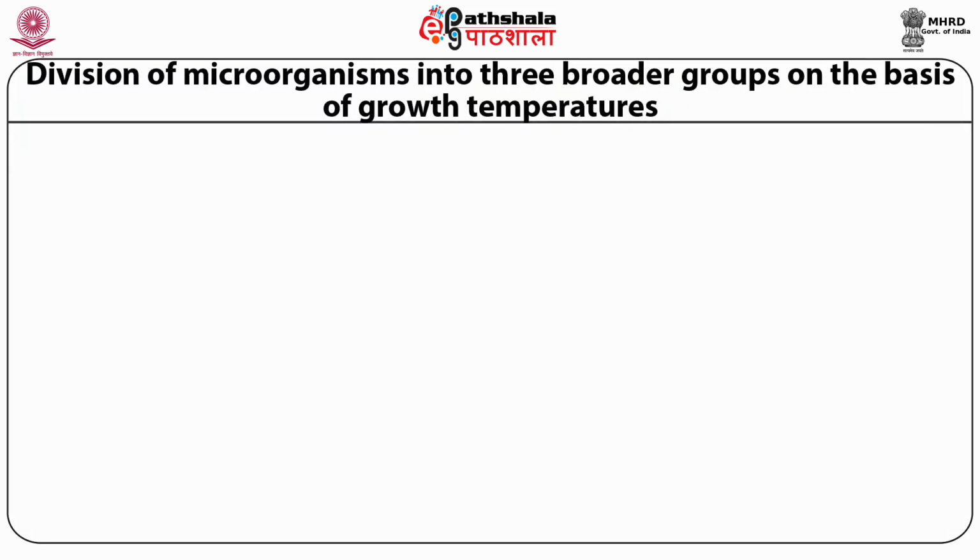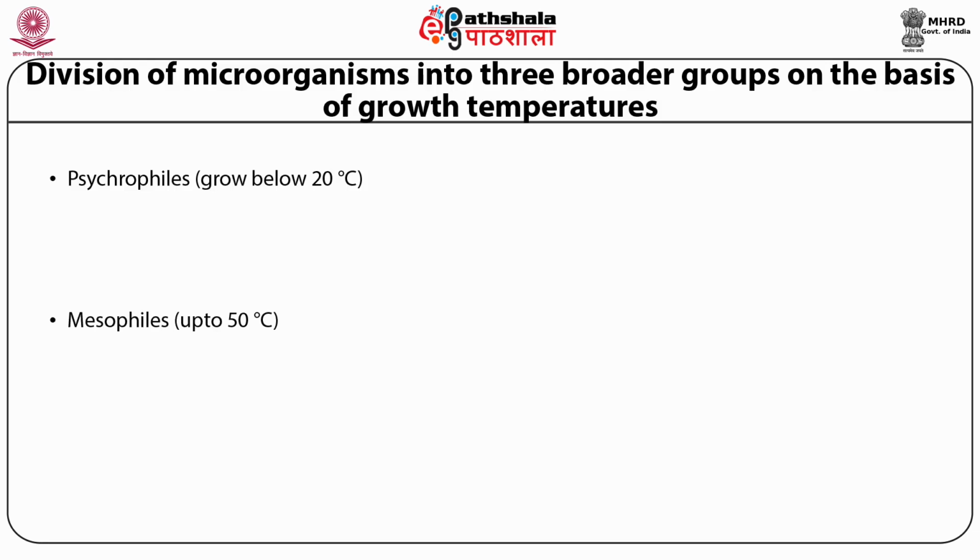Now, as we have come to understand what psychrophilic enzymes and thermophilic enzymes are, let us look at the division of microorganisms on the basis of their growth temperatures. Let us begin with the psychrophiles. The microorganisms which live below 20 degrees Celsius, and this temperature range might go to minus 20 or even minus 60, are called psychrophiles. The organisms which live within moderate temperatures, above 30 degrees and up to 50 degrees, are called mesophiles.